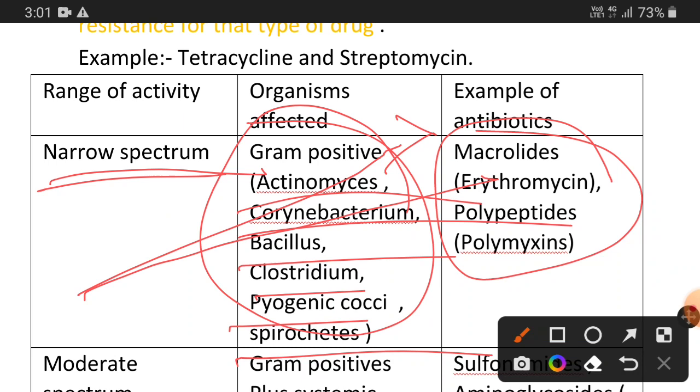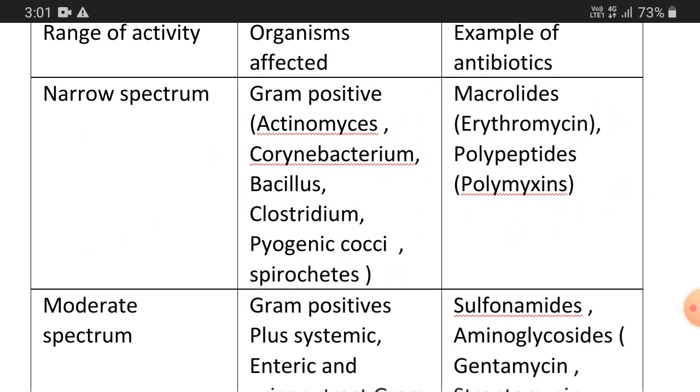We know erythromycin is an example of macrolides. Polymyxin is an example of polypeptides. So we use narrow spectrum antibiotics for treating a specific kind of microorganism, let's say gram positive bacteria, and examples are macrolides and polypeptide type antibiotics.